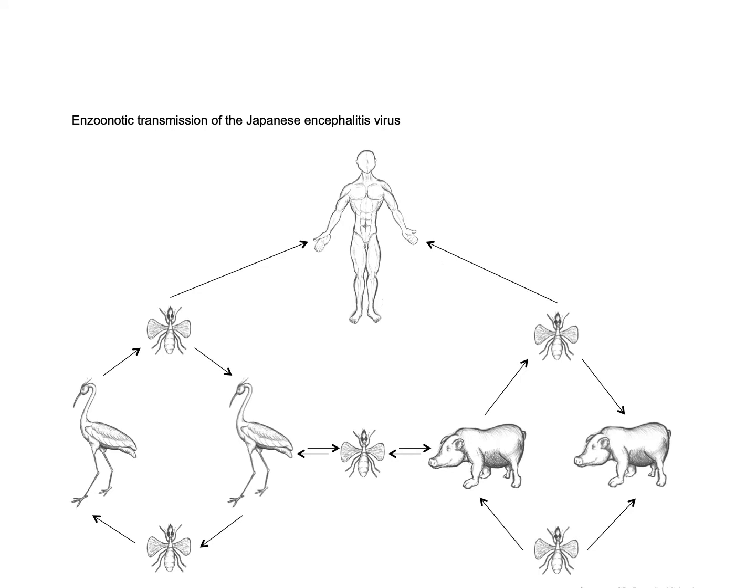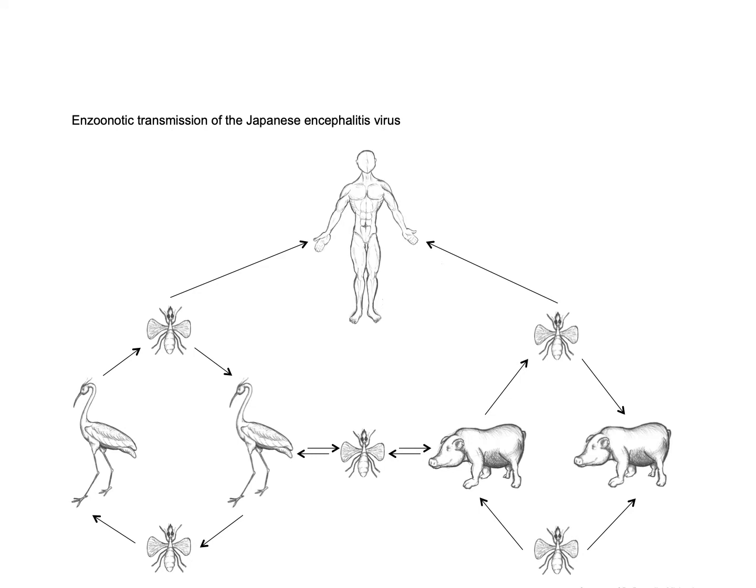And then mosquitoes equally can bite wading birds, which of course, as do so many birds, travel large geographical regions. So this allows both amplification of the amount of virus in circulation and also spread of virus to new geographical regions.